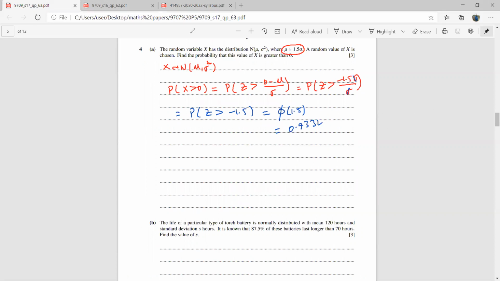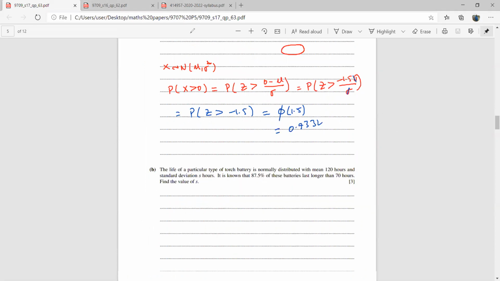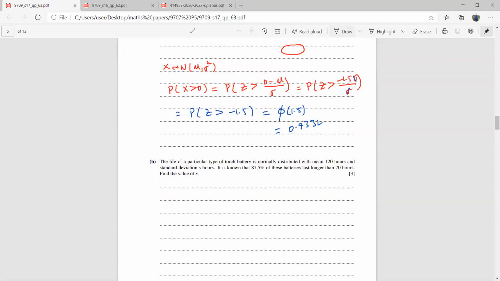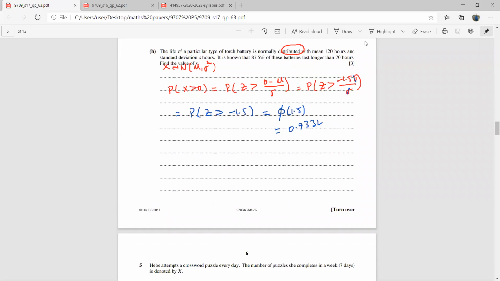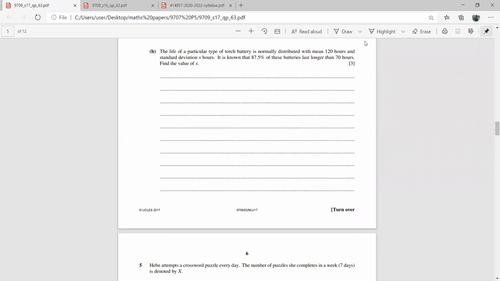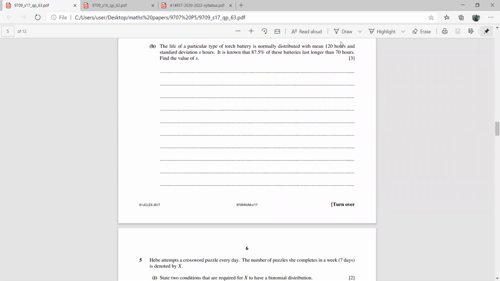Then we go into the second part, and it says the life of a particular type of torch battery is normally distributed with this mean and this standard deviation. So we'll say, let y be normally distributed.